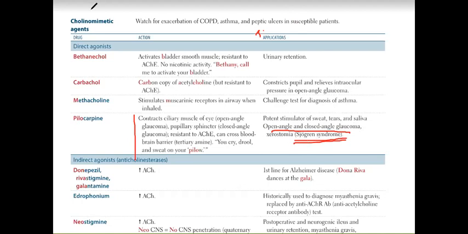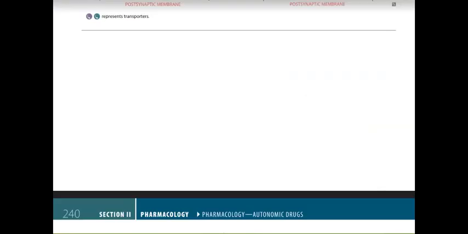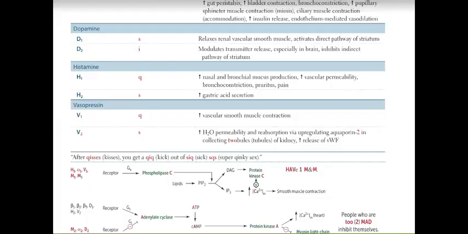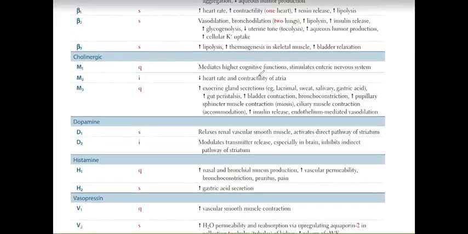So I told you in the previous page, if you remember, that this drug has an effect on the secretion of glands, which includes the lacrimal glands and the salivary glands. So this is its action.